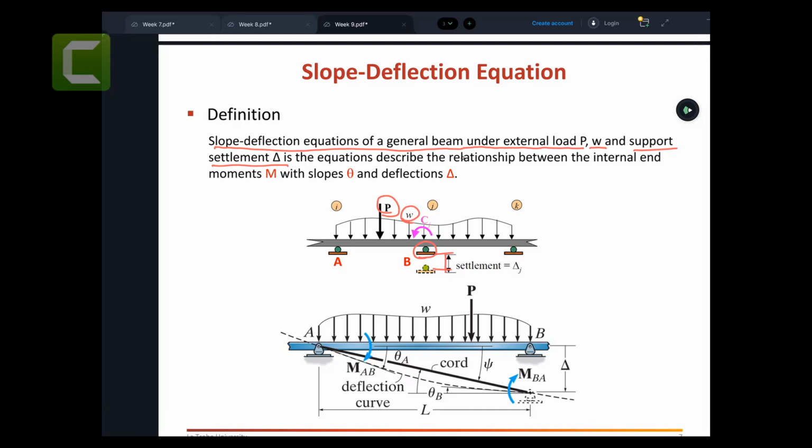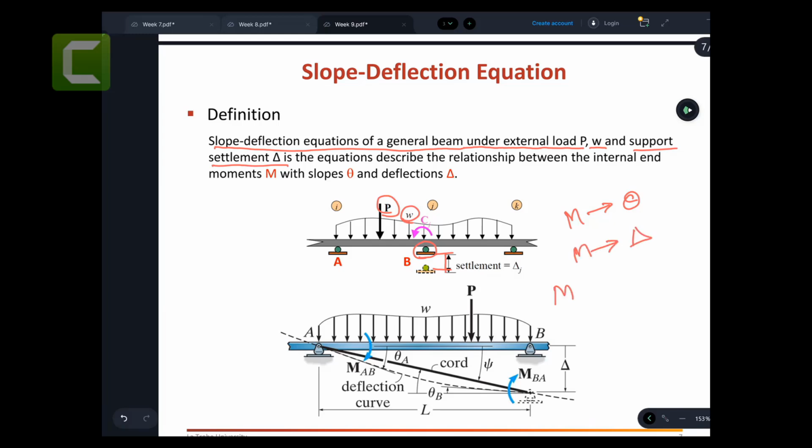It is the equation to describe the relationship between the internal end moments and the slope theta and deflection. So it is a relationship between the internal moments and the slope, and the internal moments and the displacement.